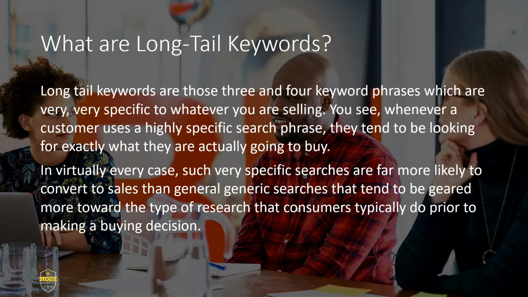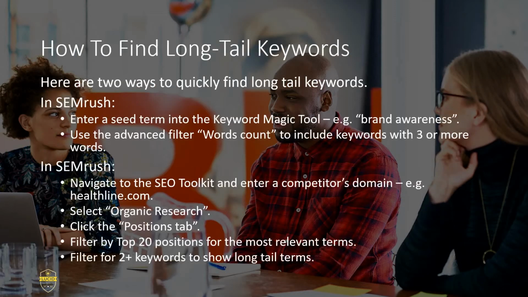In virtually every case, such a specific search is far more likely to convert to sales than general generic searches that tend to be geared more towards the type of research that consumers typically do prior to making a buying decision. In other words, people who are using those long tail keywords are going to be more likely to buy from you because they've already made a purchasing decision in their mind.